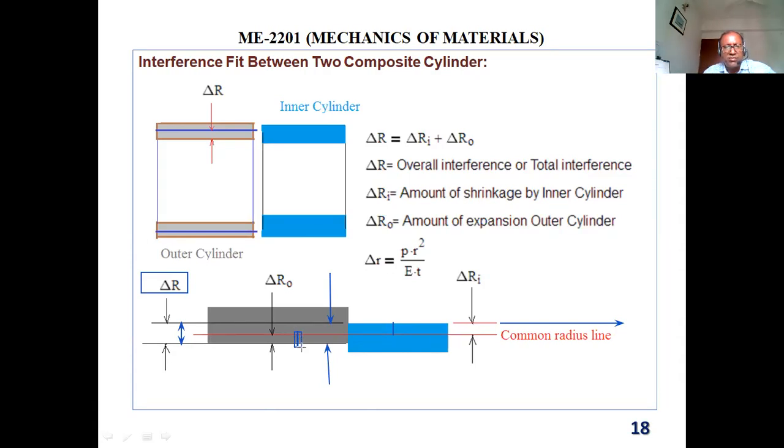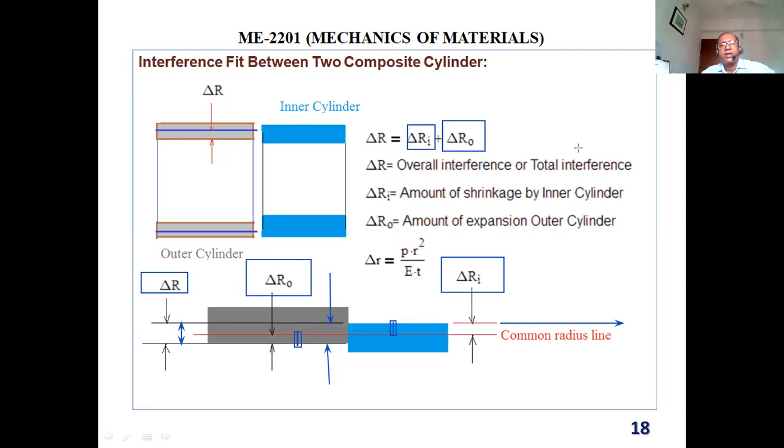The value of increase will be this much, and he has to reduce the radius this much. So this much I can say is delta Ri and this is delta R naught. So how do we find it now? We found delta R equal to delta Ri plus delta R naught.